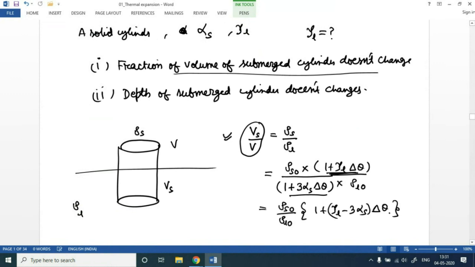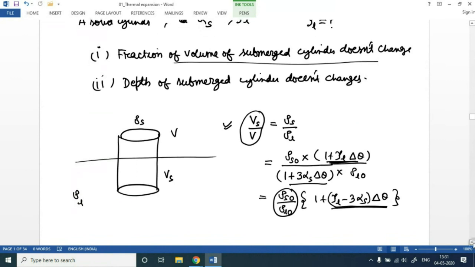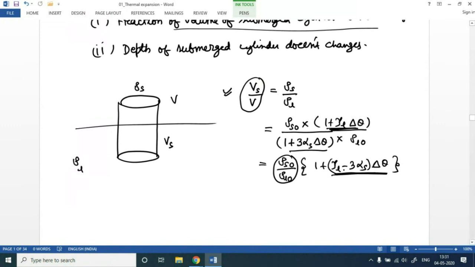We do not want this value to change, so this term should be equal to 0. So gamma L is equal to 3 alpha S is the answer for the first part.